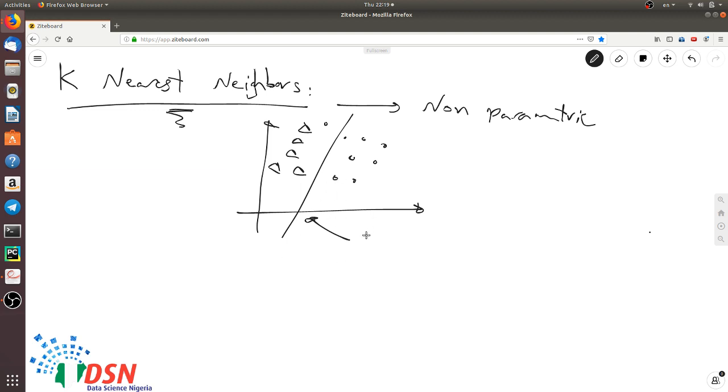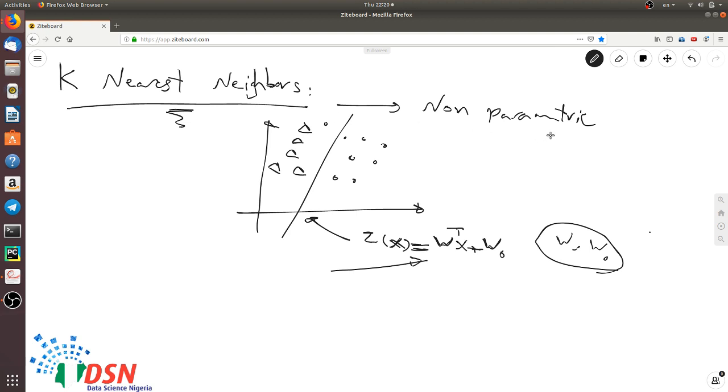In other words, this is the equation of the decision boundary. It is a linear equation, and so this is a parametric model because it has some parameters, which are W's and W null. These are the parameters of the classifier.